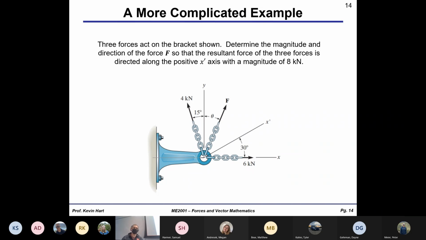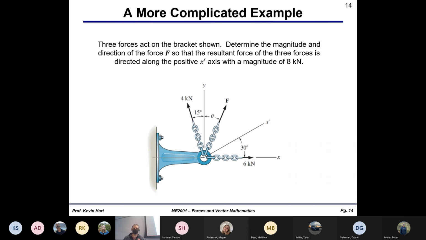I know it takes a little while to draw these pictures. If you're done drawing, I want you to think about how horrible this problem would be if you were doing the tip to tail method.